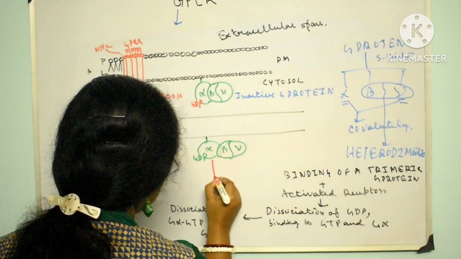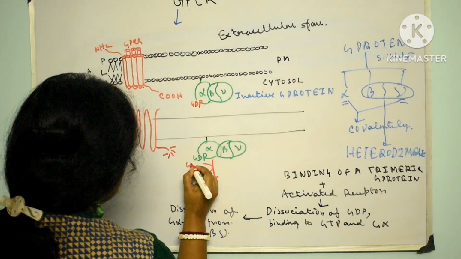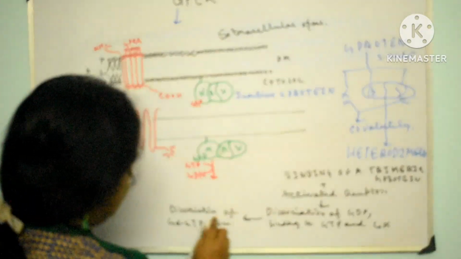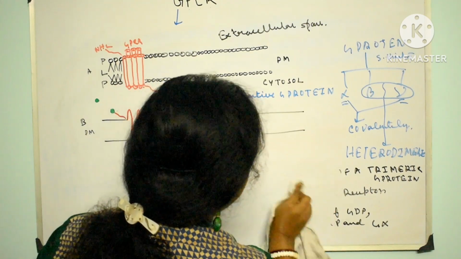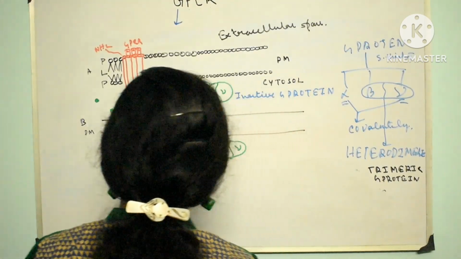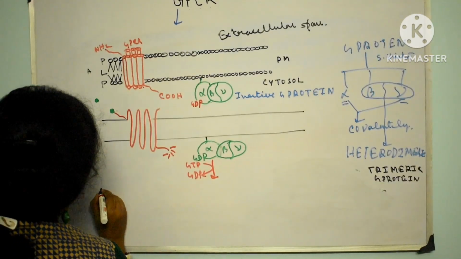Here, GDP to GTP. This one is very much important, note it. For accumulating space, I am going to erase this. Here step number 3.